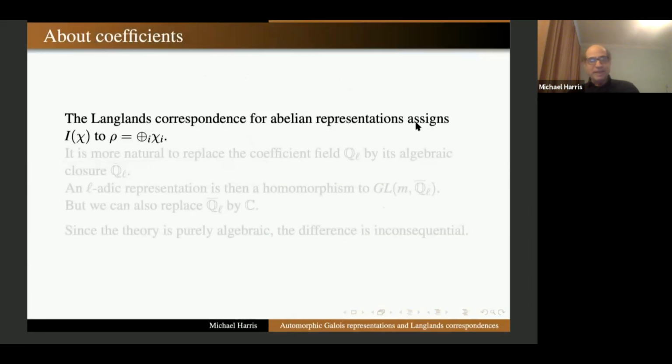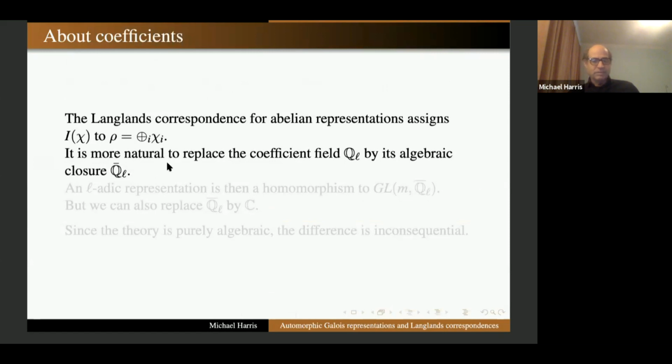So, and now I can tell you what the Langlands correspondence is for abelian representations. To this homomorphism, we assign this induced representation, I of chi. And now, for various reasons, namely, we didn't have to consider only homomorphisms to QL star. We could have considered homomorphisms to any L-adic field.